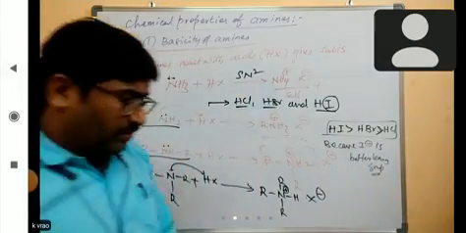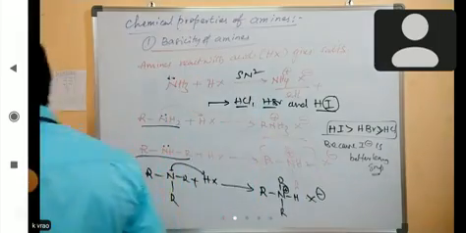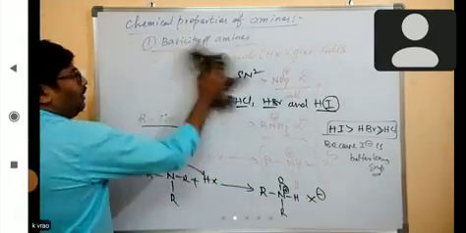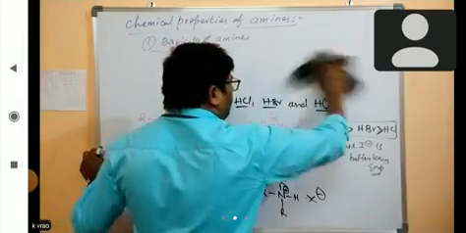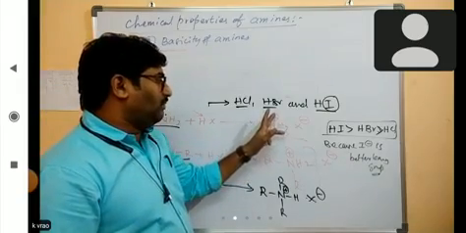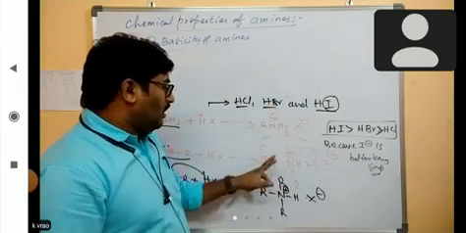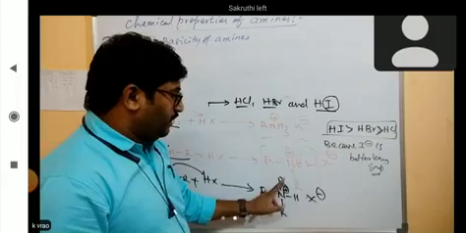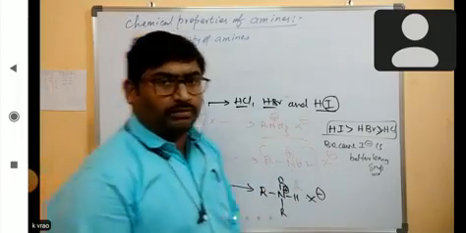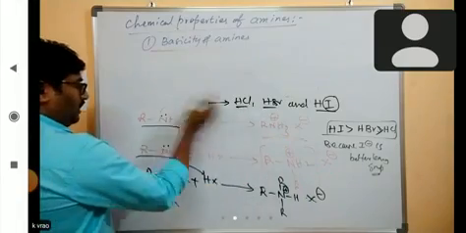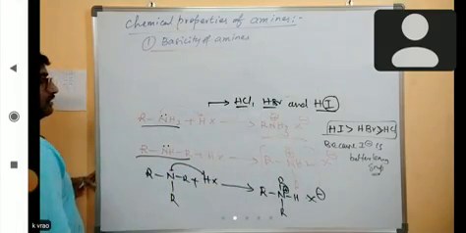So this is an example for the basicity of the amines. We get the salts here. RNH3 plus, R2NH2 plus and R3NH plus, when treated with strong bases, give the corresponding amines.